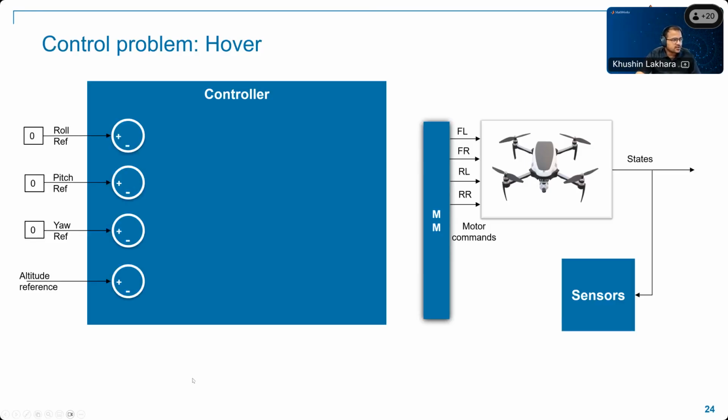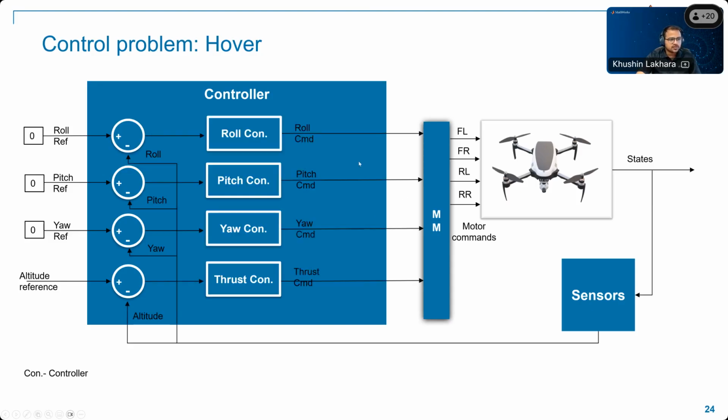We take all these references, measure all the current states from the sensors, and accordingly design a controller and feed the motor mixer algorithm. So the roll command, pitch command, yaw command, and thrust command are fed into the motor mixer algorithm, and then our UAV should be able to control at a specified altitude.